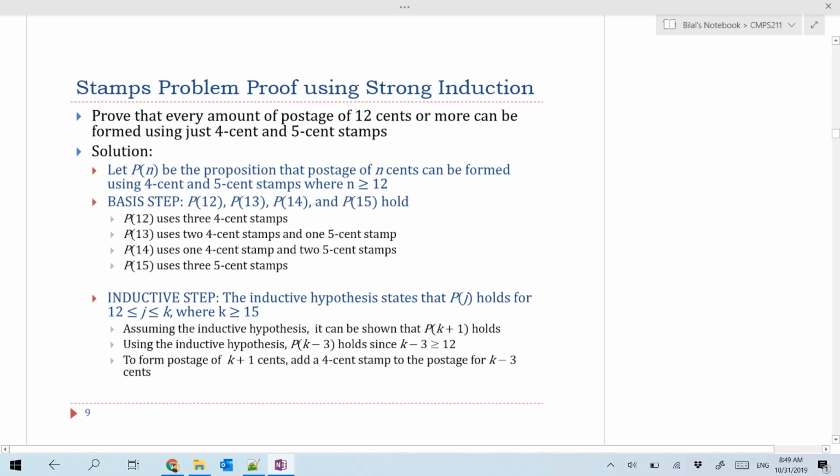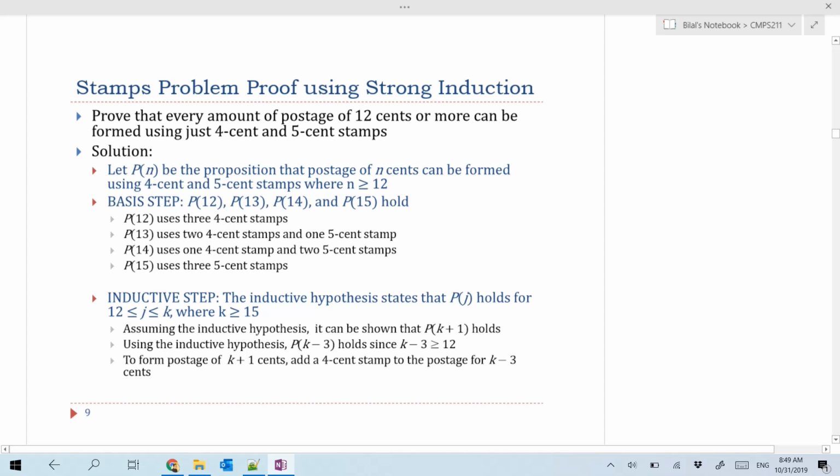This is a nice property for a state that wants to charge people for postages that are greater than or equal to 12 cents. Instead of creating all sorts of combinations, they would just create 4-cent stamps and 5-cent stamps, okay?